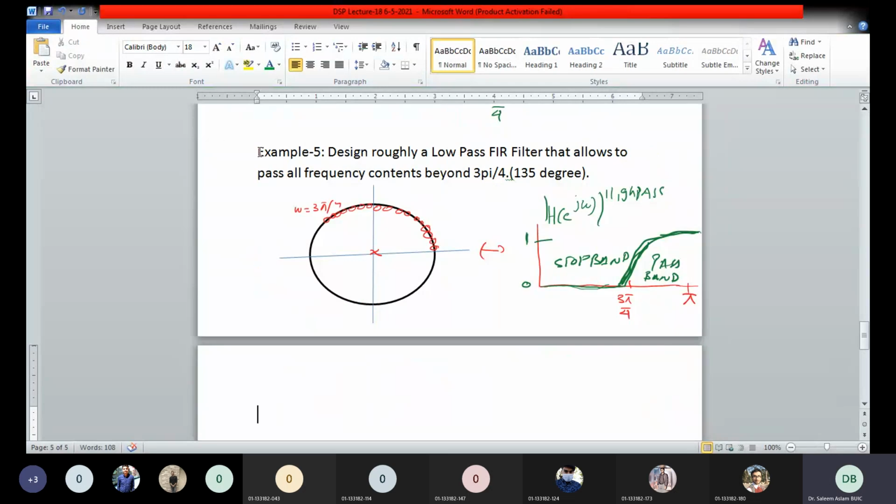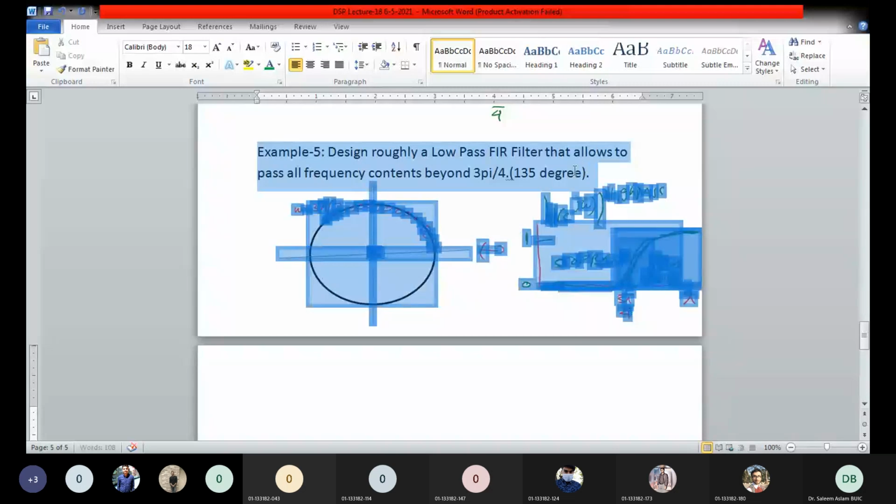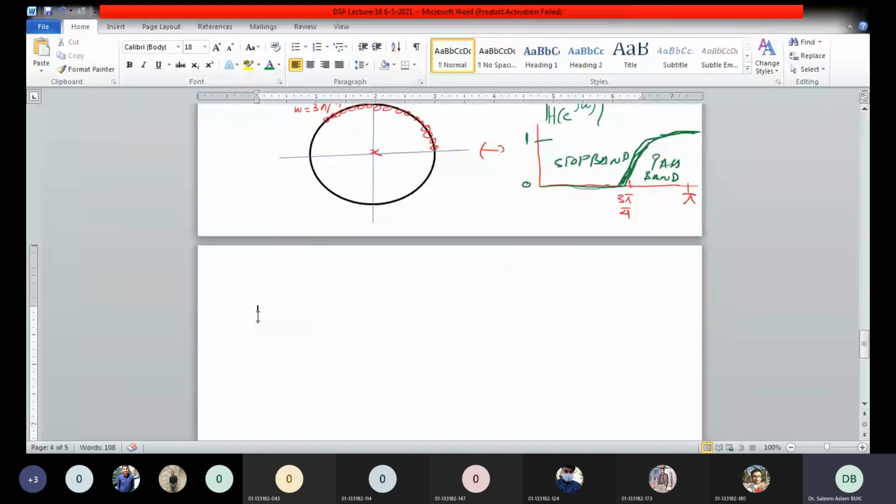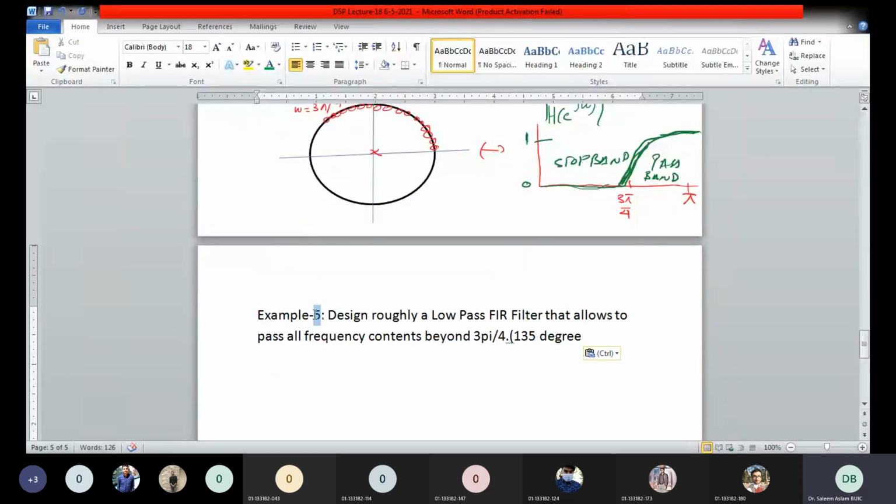In example number 6 you are asked to design a band pass filter. When you design a band pass filter, you need two cutoff frequencies. Is that right, beta? Yes, sir.